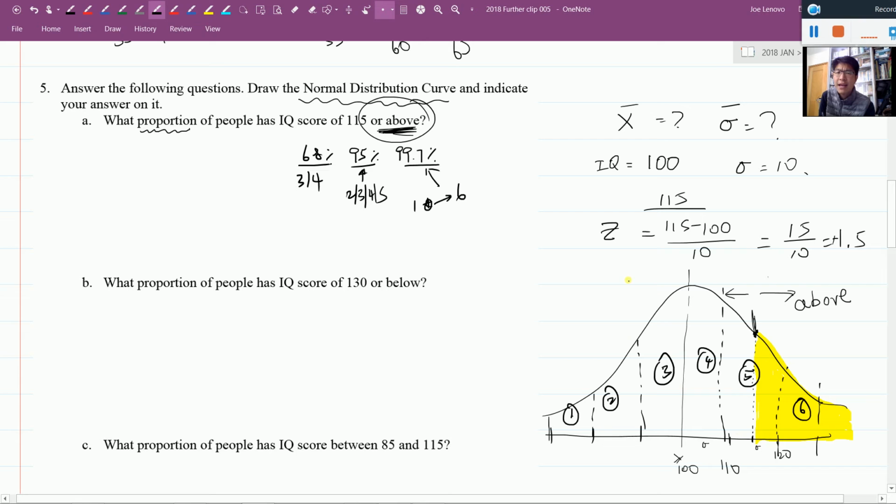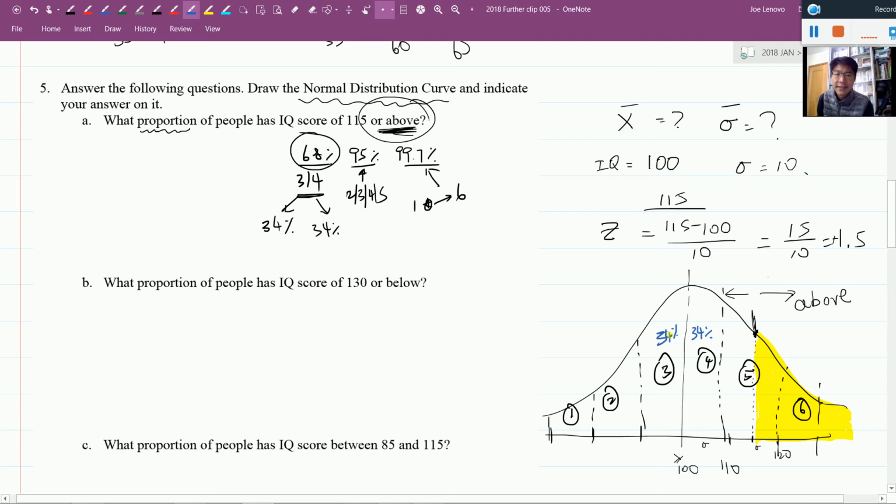So what happened? If 3 and 4 is 68% and symmetrical, that means 3 and 4 will be half of it. Half of 68% would be 34 and 34. Yes? So let's write this down, because we know this is 34%, this is 34%, added together is 68.